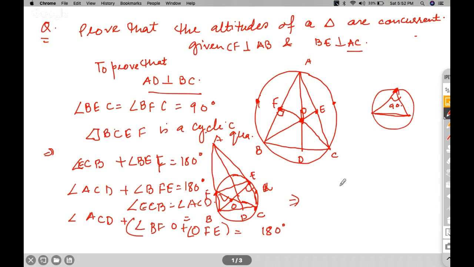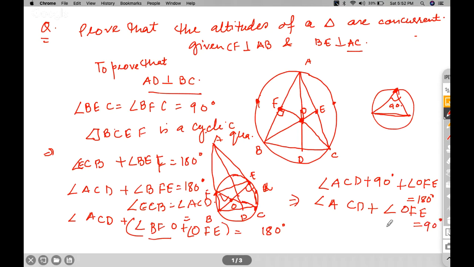So I know that angle BFO is 90 degrees. So 90 degrees plus angle OFE is equal to 180 degrees. So angle ACD plus angle OFE is equal to 90 degrees.